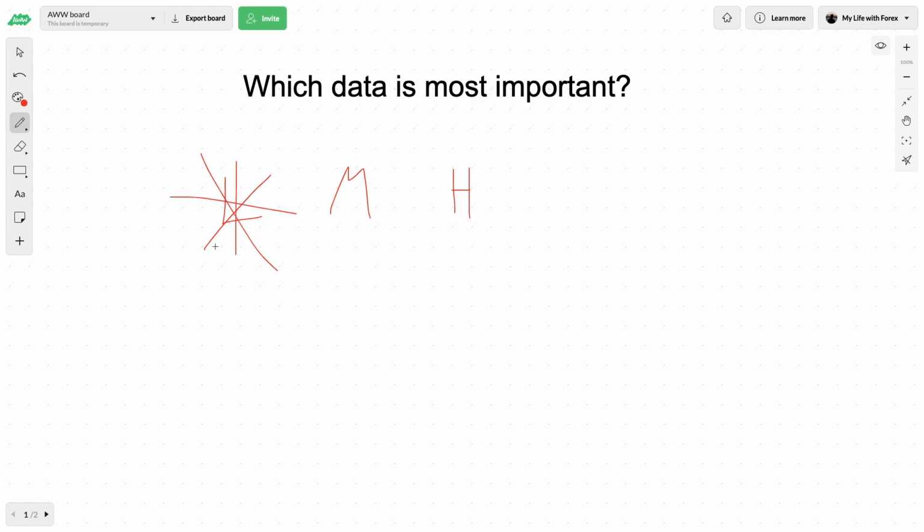Get rid of it. You don't need it at all. Right? There's a reason it's low impact because nobody cares about it. And so that leaves you with the medium to high impact news. And we want to focus obviously more so on the high impact news, but there are some medium impact news that we need to take into consideration.